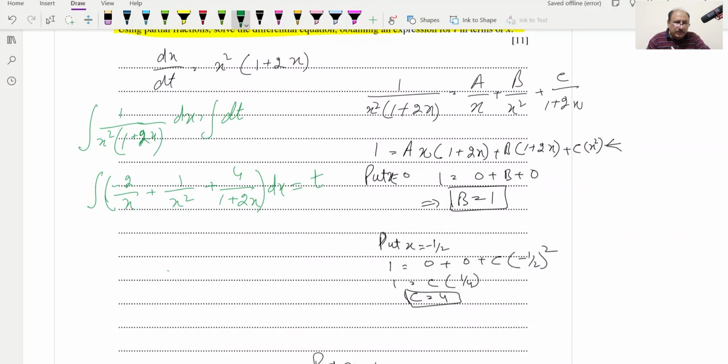So this will be -2 log x, integral of this one, and next will be 1 over x. So we can write x as -1 over -1, and integral of this will be 4 log of 1 plus 2x over 2, and this is equal to t plus c.